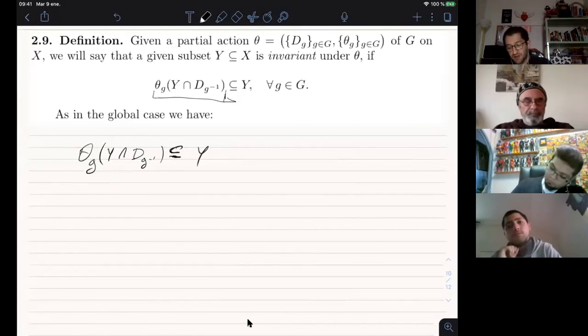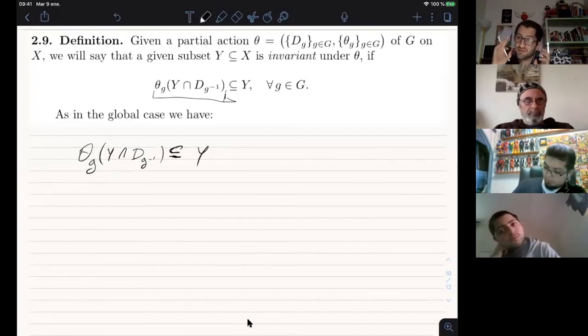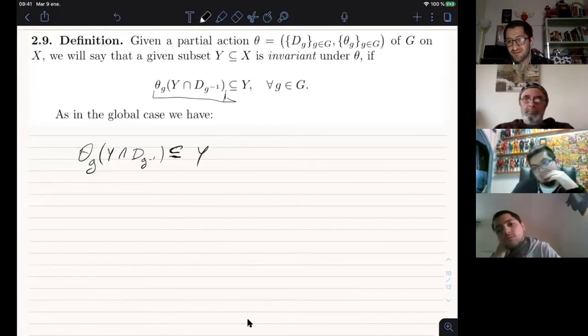and we're going to get inside again of this invariant set. These types of sets are going to be very important because now that we know what it means to have two partial actions, one equivalent or covariant to another, we can define what it means to have a partial action inside another partial action.